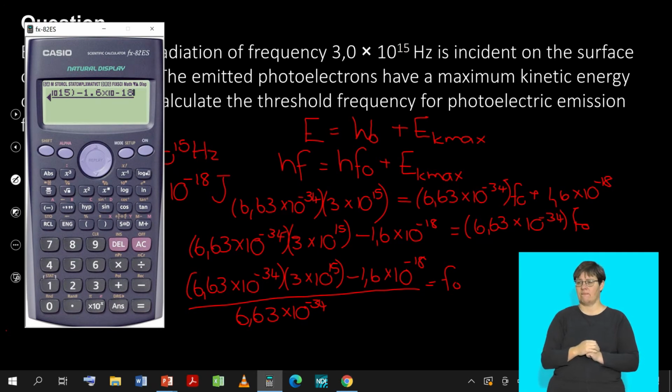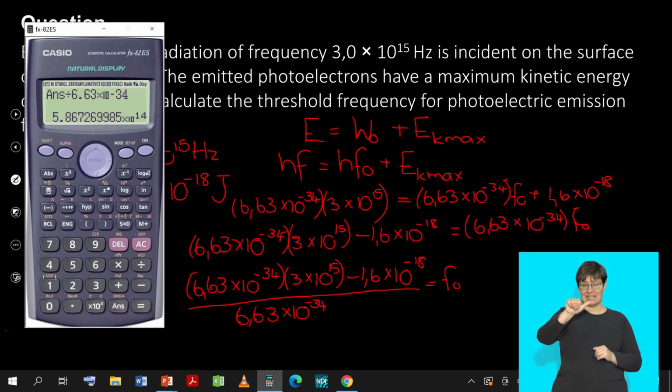Now I'm going to do it the way I like doing it. 6,63 to the minus 34 times 3 to the 15 minus 1,6 to the minus 18. That's the top part of my fraction. I'm going to divide by 6,63 to the minus 34, and I get 5,86. Well, that will go to 5,87 times 10 to the 14.